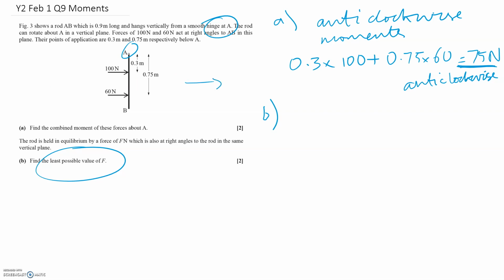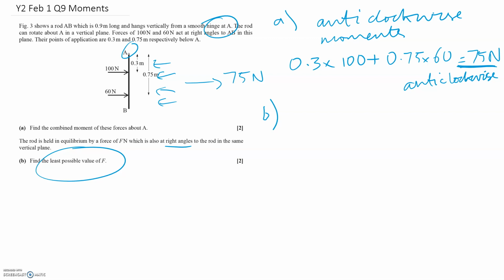But these anti-clockwise moments are trying to push the rod in this direction, 75 newtons. So what we want to do is to try to stop that by putting a force somewhere along here. It has to be at right angles, it says, and we want the force to be as little as possible.